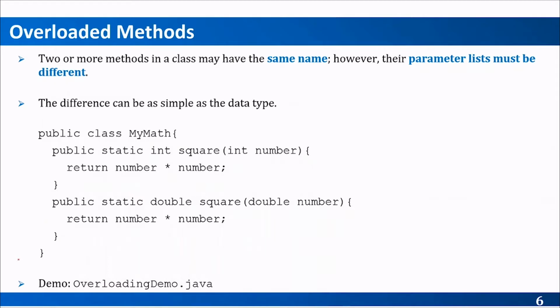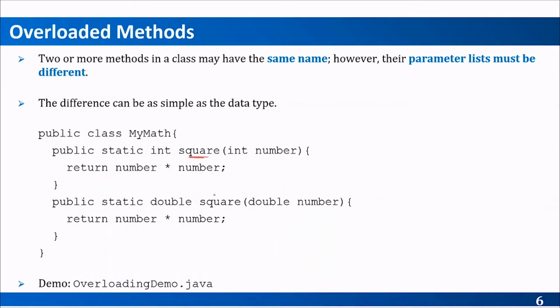So for example, here we have a class called myMath. Inside this myMath, I'm trying to define a method that is going to square a number. You give it a number and it's going to give you the square of this number by simply multiplying the number by itself. So this is a method that is called square.